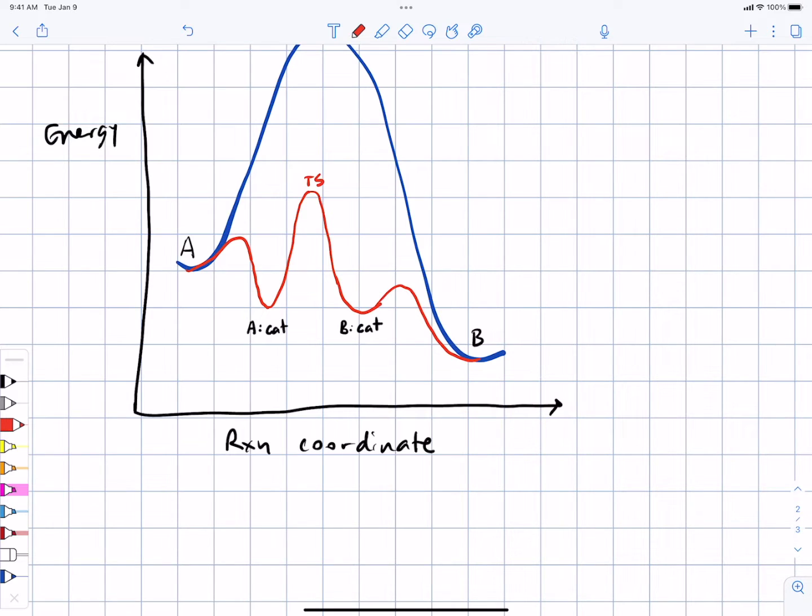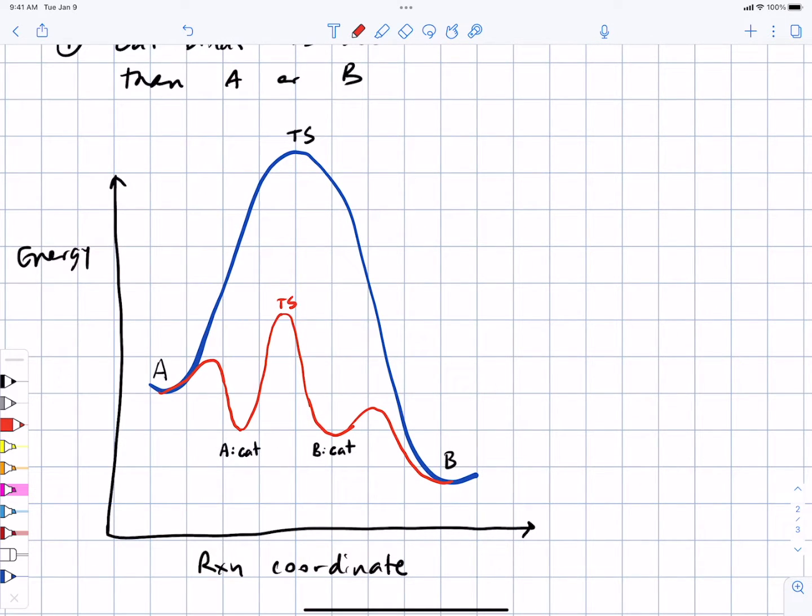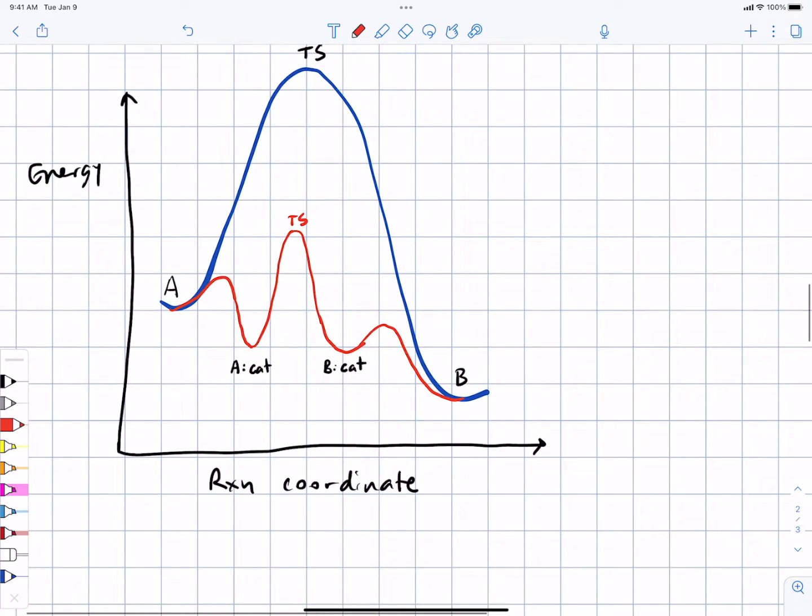All right. So in this case, the binding energy, how much the catalyst binds the starting material, is this difference here, right? And how much the catalyst binds the transition state is there.